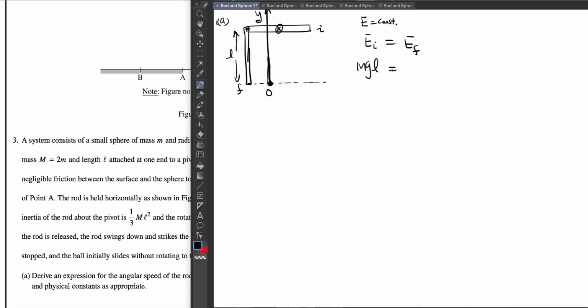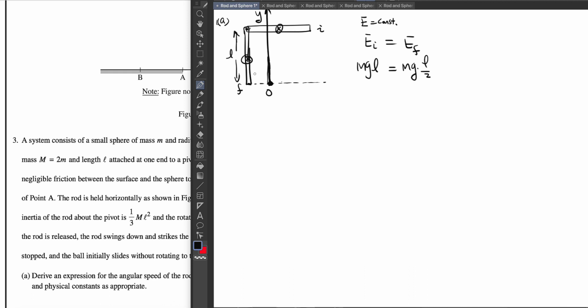That's the initial potential energy of the system, and there's no kinetic energy at the beginning. Now at the final position, the center of mass is here. That's half L above the origin. So let's write down mg half L as the potential energy of the rod at the final position.